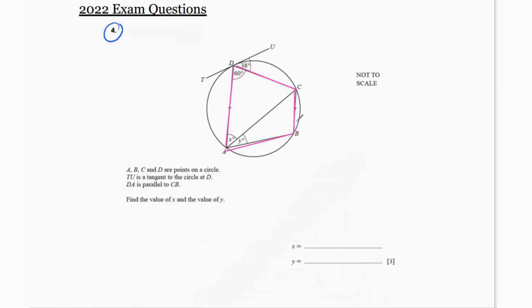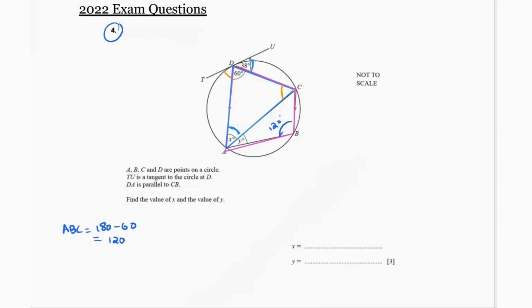So if this is 60, this is going to be 180 minus 60, which is 120. And also if you notice, DCA is a triangle inscribed in a circle. So we can use the alternate segment theorem over here, which states that this angle is going to be this angle, and this angle will be this one.